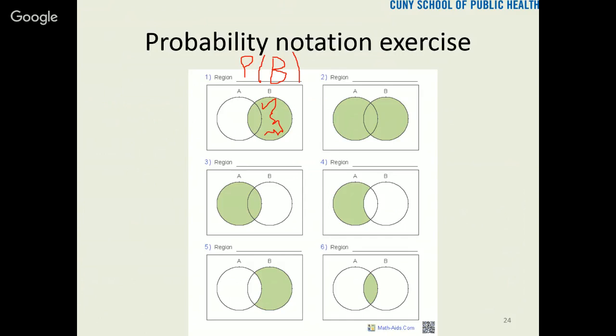This is the probability of B intersection with A complement, right? So it has to be in B and it has to not be in A.